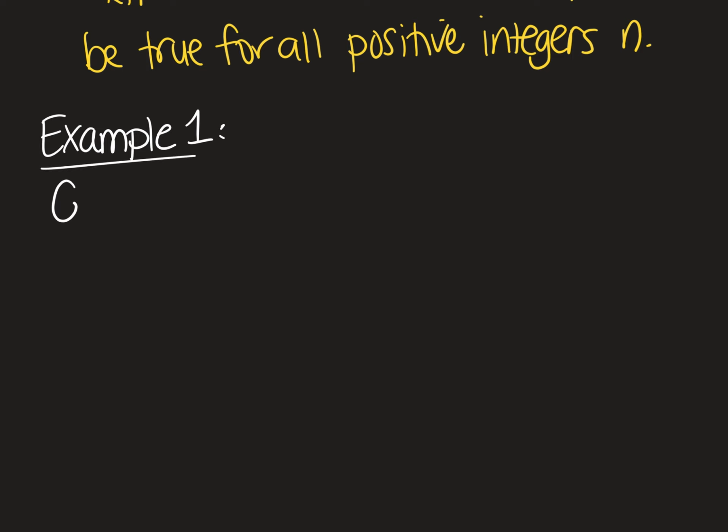All right, so given S sub n equals 1 plus 5 plus 9 plus ..., 4 times n minus 3. I'll explain what we're writing here in just a second.